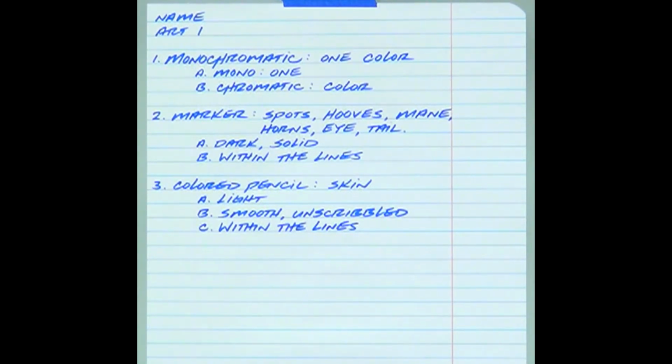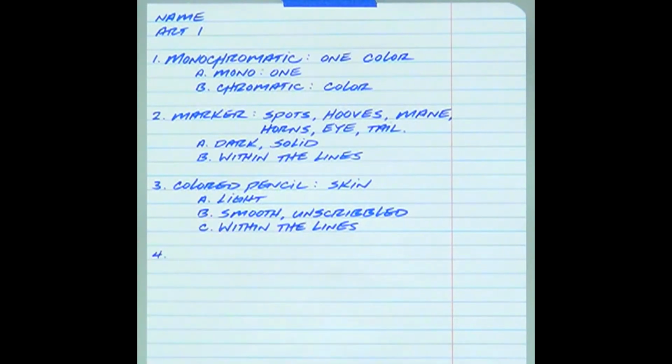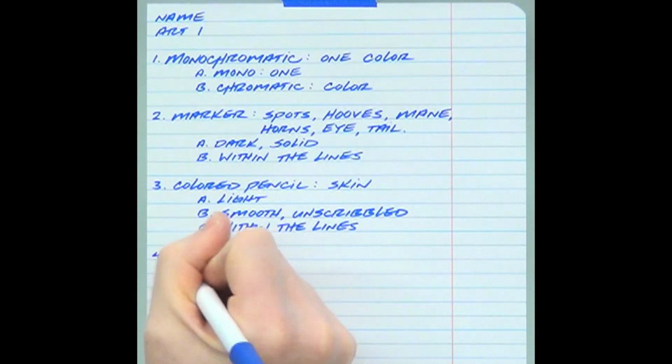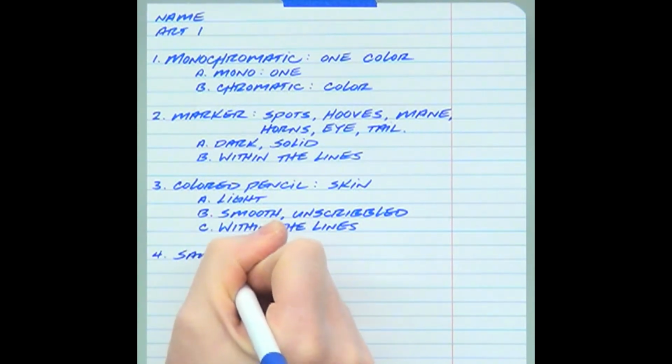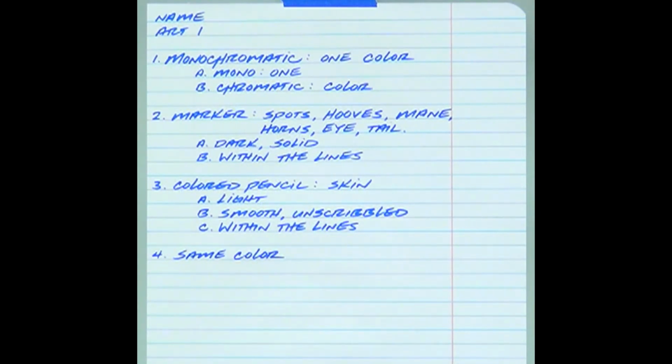All right, continuing. Notation number 4. I want you to write same color. So we are doing a monochromatic color scheme, which means we're going to be using the same color for our marker as our colored pencil.